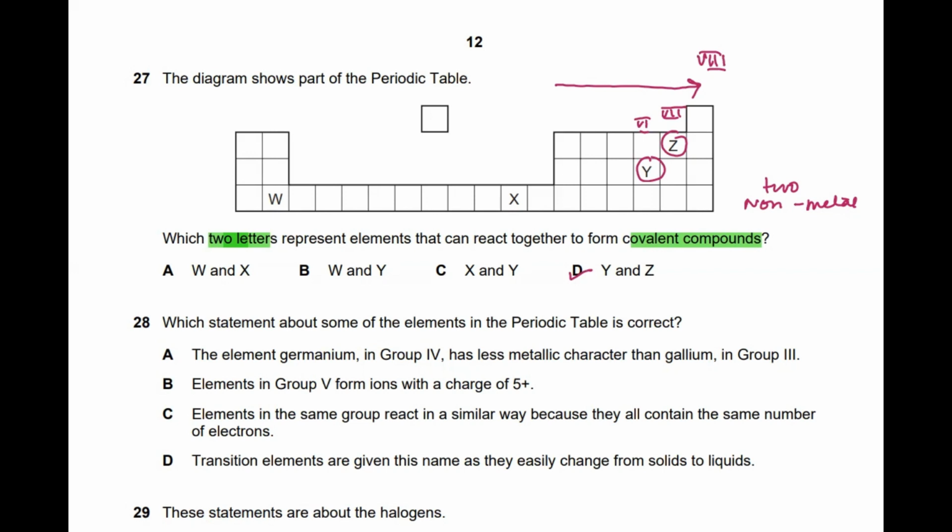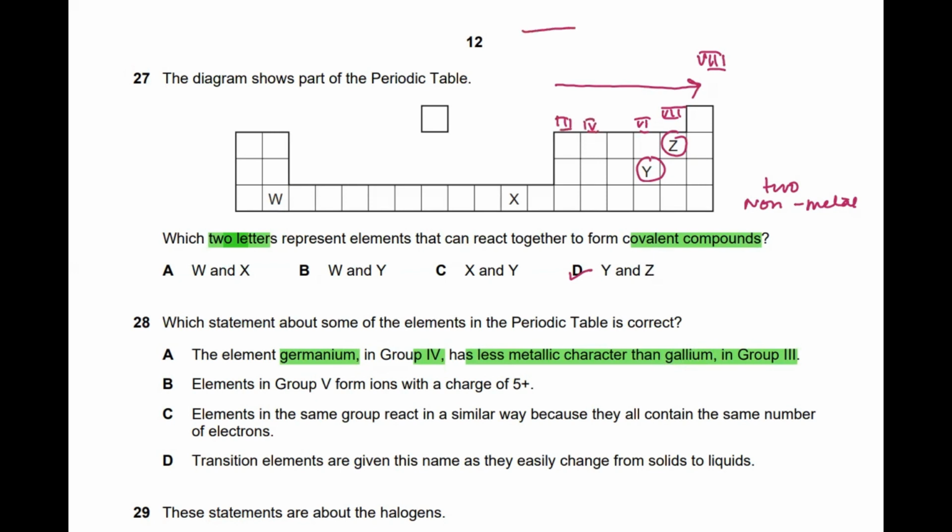Which statement about some of the elements in the periodic table is correct? In 28, we have: the element germanium in group 4 has less metallic characteristic than gallium in group 3. So this is group 3 and this is group 4.